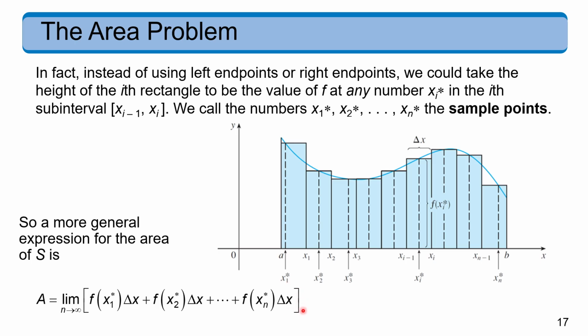So in the brackets, that's our approximation: the areas of the n rectangles all added up. But when we take the limit of that expression as the number of rectangles goes to infinity, then it becomes the exact area below the curve. Okay, so now we've developed the notation we need to start writing a general formula to solve our area problem.